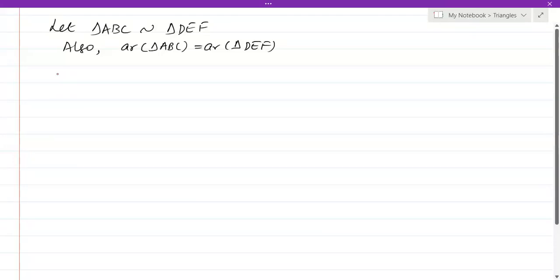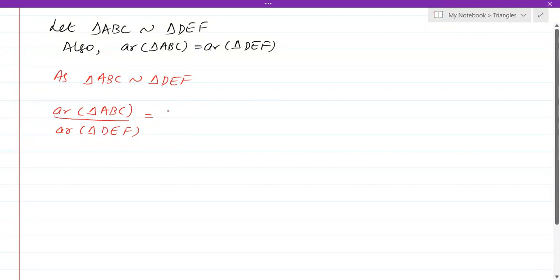Now, as triangle ABC is similar to triangle DEF, we can say that area of triangle ABC by area of triangle DEF is equal to what? Squares of the corresponding sides, isn't it?